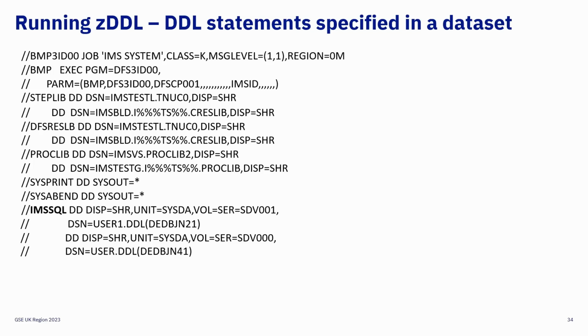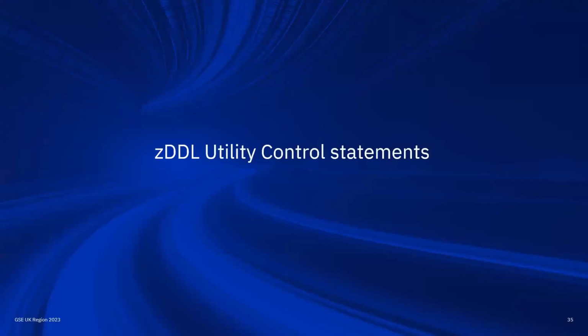So when you run this ZDDL utility, the output can be huge if we're going to print out all of the DDL statements. And so some of our clients came back and said, well, what if I don't want to look at all the DDL statements? Is there a way to not show that?